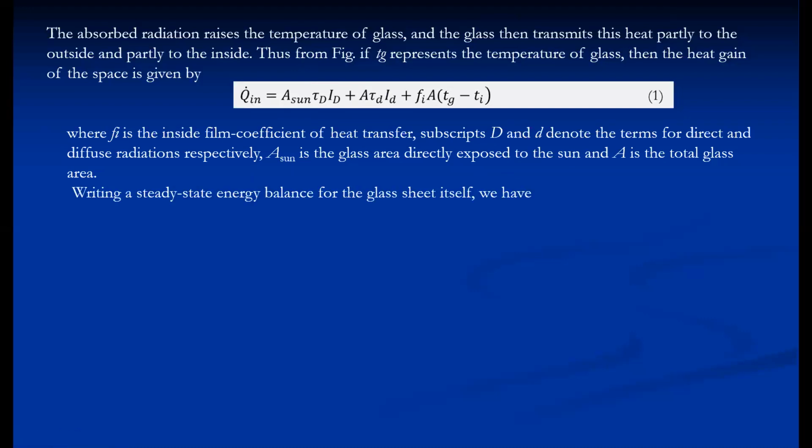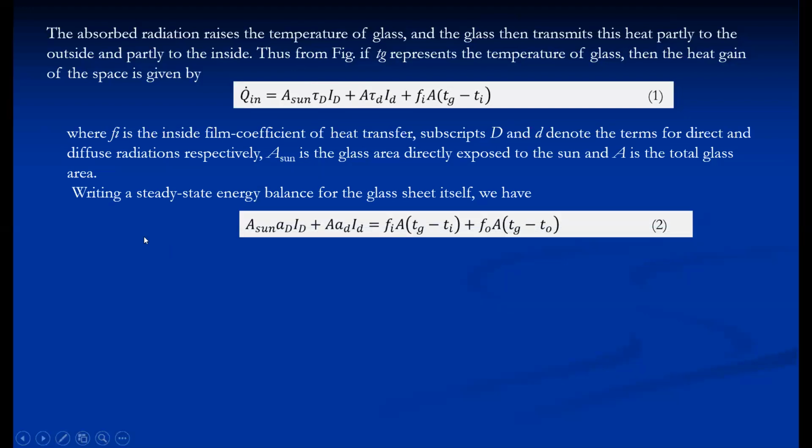Now, write the steady state energy balance equation for the glass sheet itself, considering both sides. A sun is the area exposed to the sun, alpha is the absorptivity due to direct radiation, and I is the incident radiation.